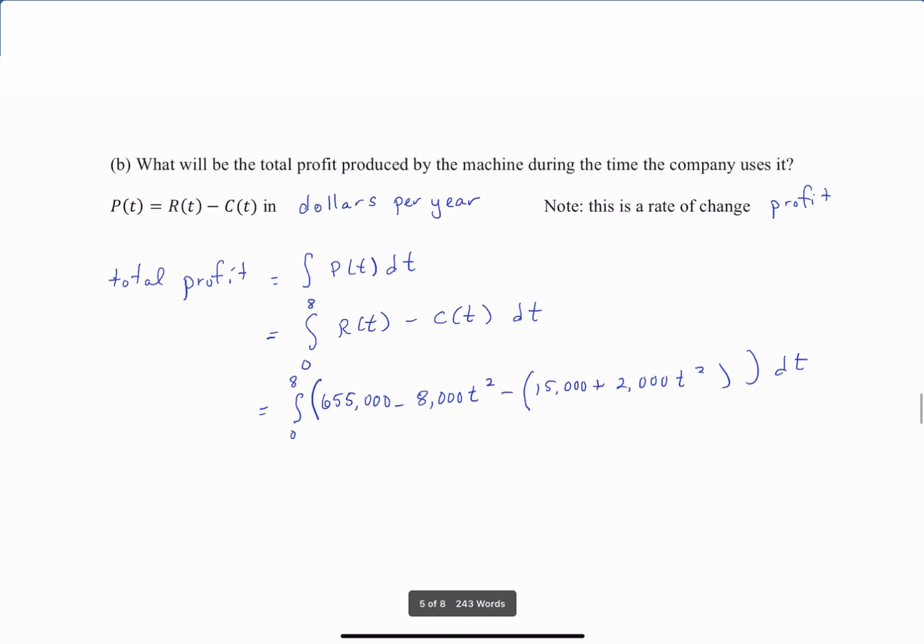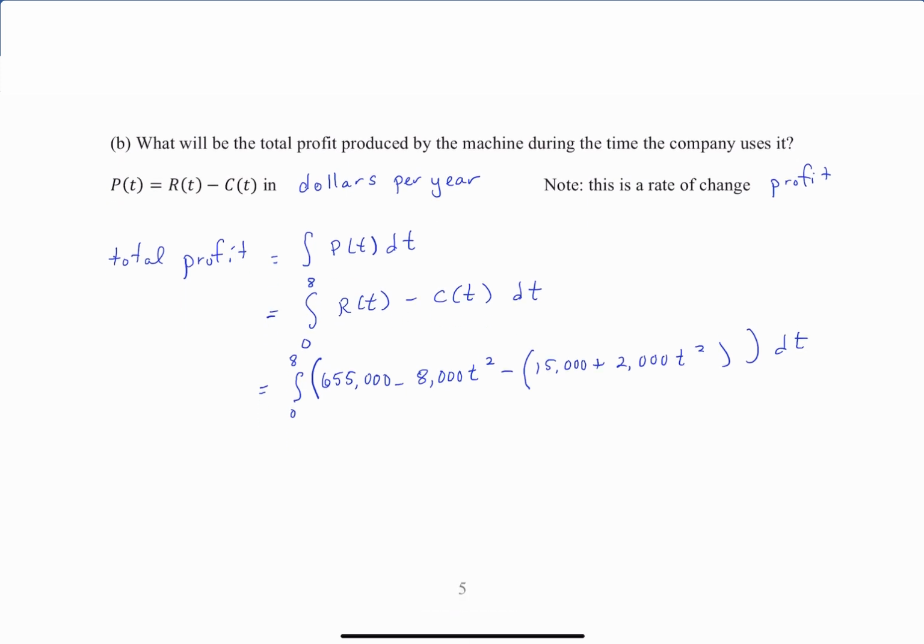If we distribute into the parentheses and combine like terms, I hope it's okay with you guys if I combine that in one step. Anyway, we'll get 640,000 minus 10,000 t squared.